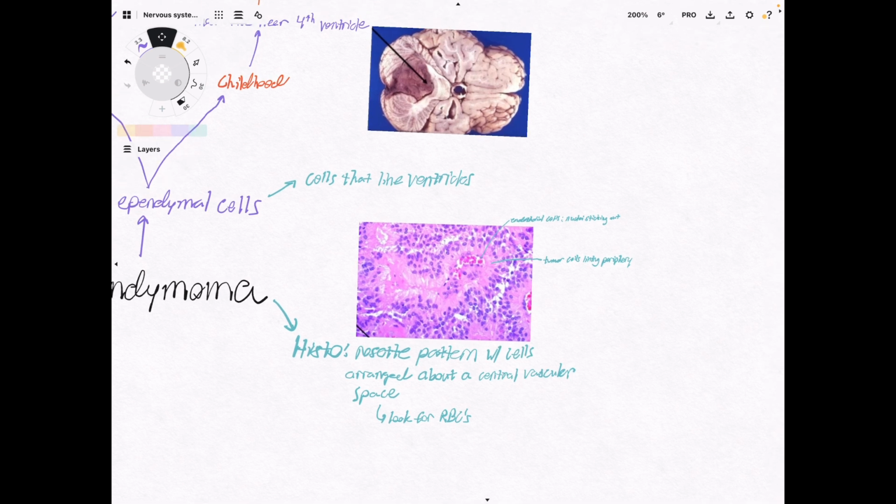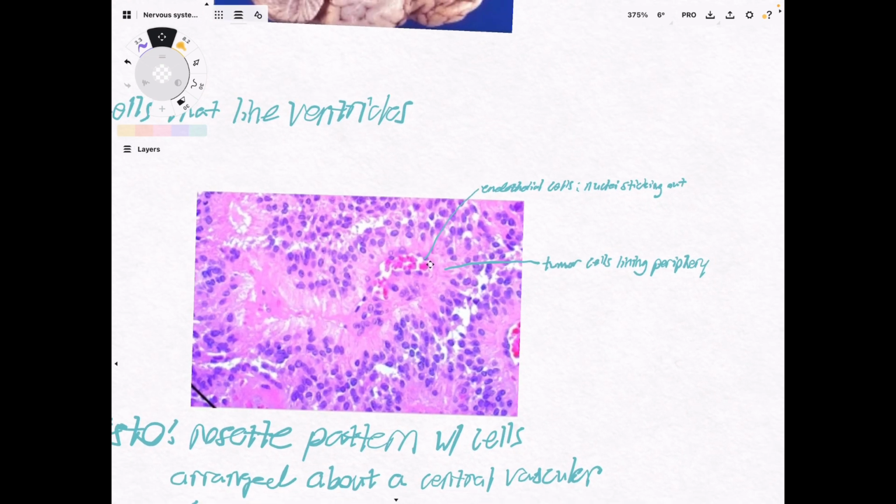So rosette pattern kind of just means this very flower-looking lesion. So this is a blood vessel, as you can see, with red blood cells within there. And you can also see a nucleus sticking out. That's going to be an endothelial cell. And then you can have the tumor cells surrounding it. So this is the ependymoma, or the ependymal cells that have, of course, mutated.